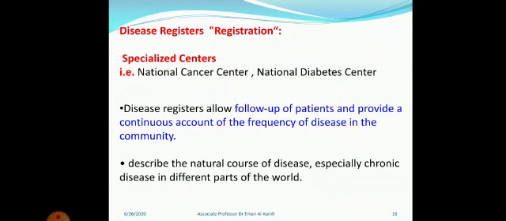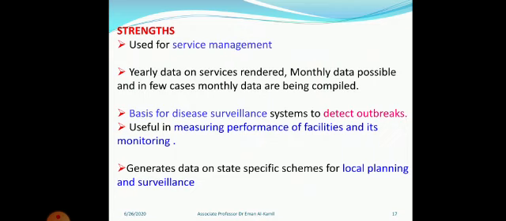So it describes the natural course of the disease, especially chronic diseases, in different parts of the world. So they are an important source of information about different health problems. The importance of these health centers is that they are used for service management, for good management of these health problems.